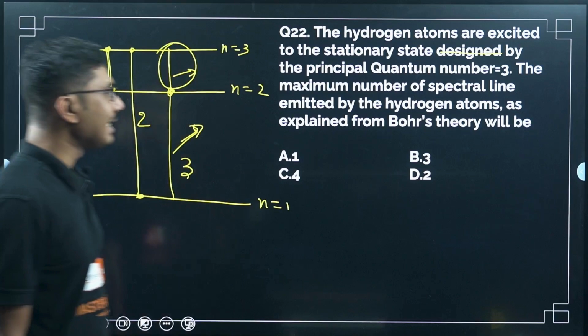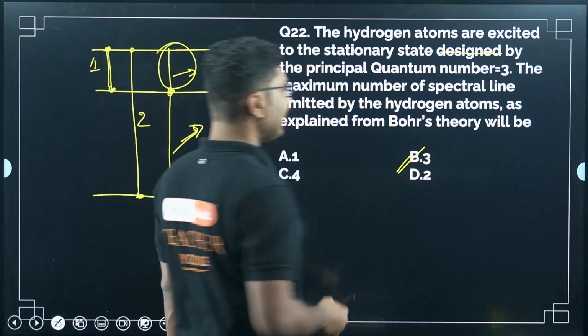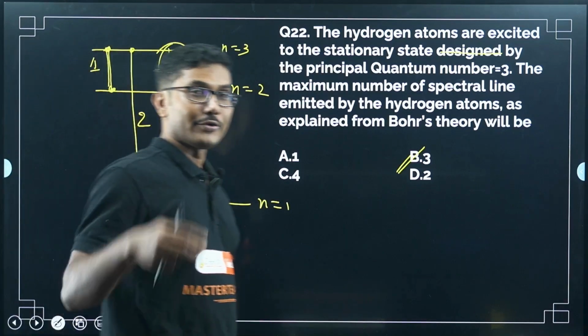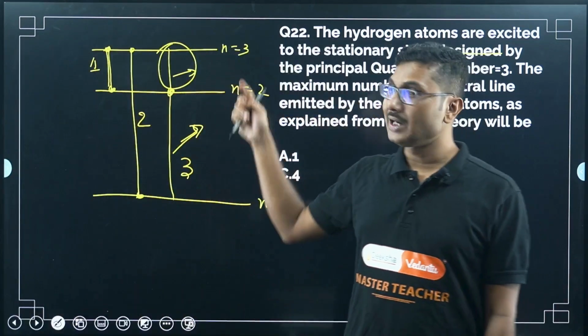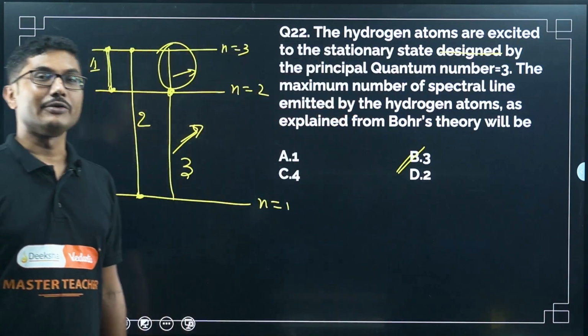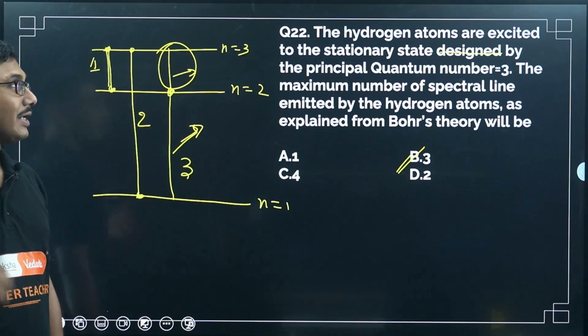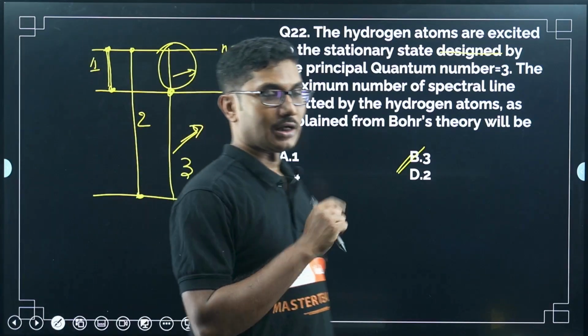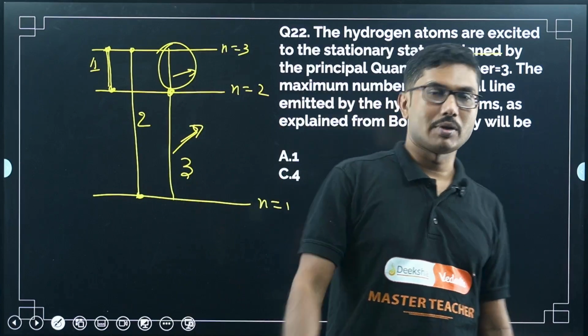So 3 lines can be emitted. The question is easy for the n equal to 3 level, but if you go to the n equal to 4 level, it will be a little more difficult. There will be 6 lines. So it is not directly equal to the quantum number. Be careful about that.